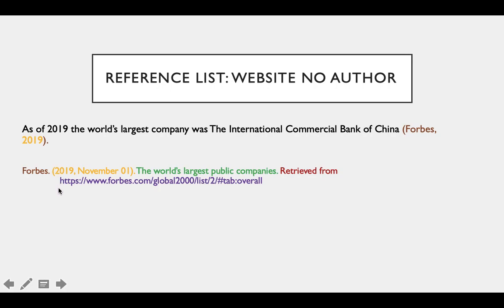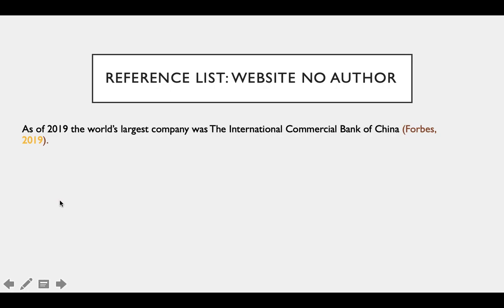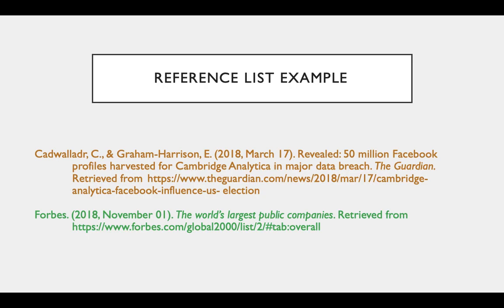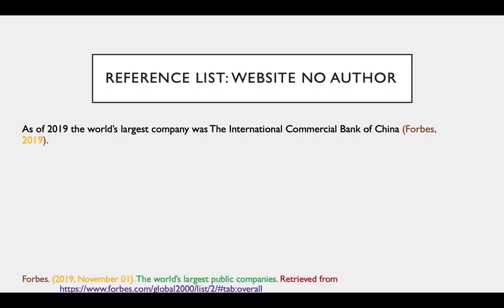So if our entry is about 3 lines, they all need to have this indent. You can see here on this entry, all of these lines that come after the first line, they've all got an indent, and this should also happen in your reference list.